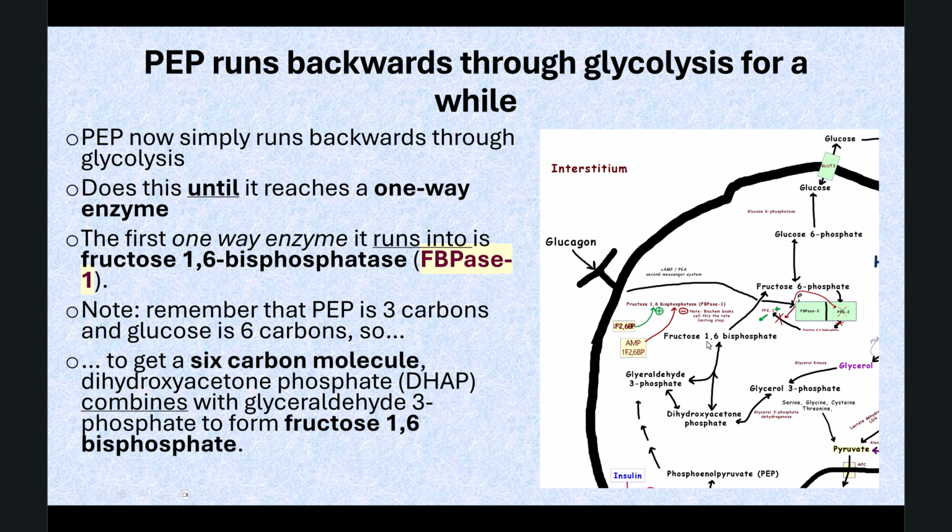That is a 6-carbon molecule like glucose. So up until now we've had just half of a glucose molecule, but now we have an early form of glucose, fructose 1,6-bisphosphate, meaning it's a glucose molecule, but it's got 2 phosphates on it. It's in the fructose form.